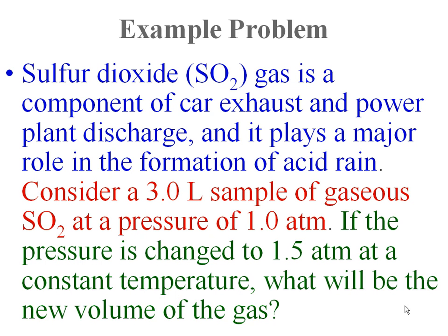Consider a 3.0 liter sample of gaseous SO2 at a pressure of 1.0 atmosphere. If the pressure is changed to 1.5 atmospheres at a constant temperature, what will be the new volume of gas?